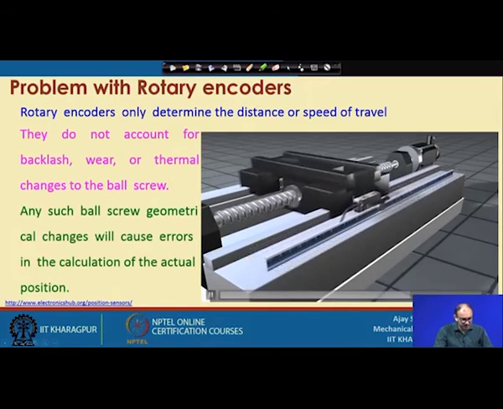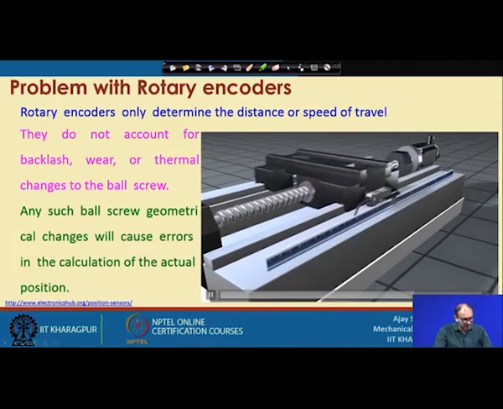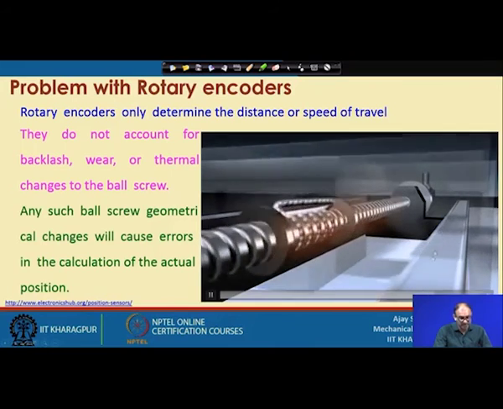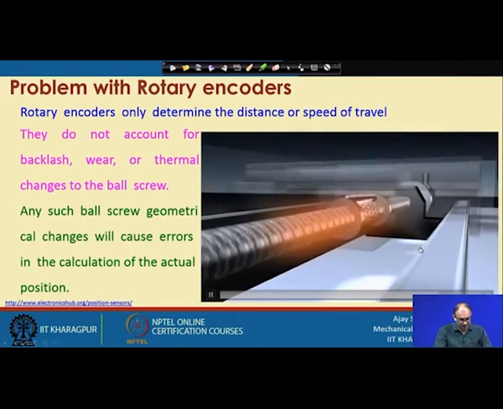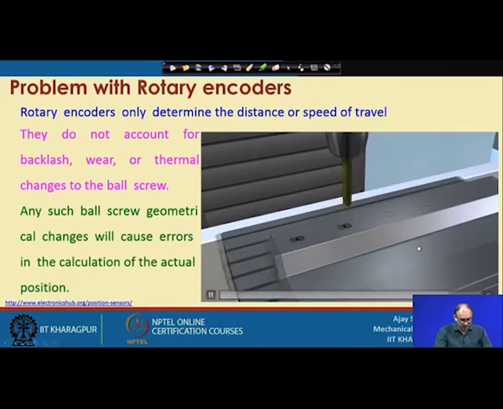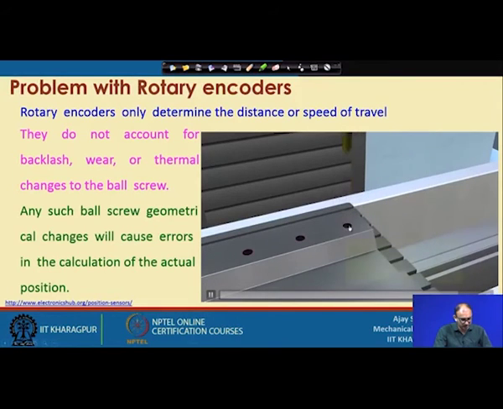Right. So, even if there is a backlash or a thermal change, it always finds that particular position. Spindle temperature has no effect because the position is directly measured on the axis. So now it will exactly find where the position is, and you do not get the deviation of the drill hole from the desired location.